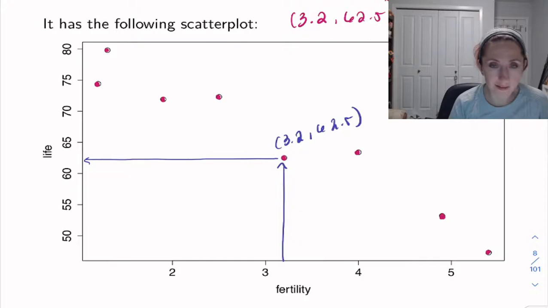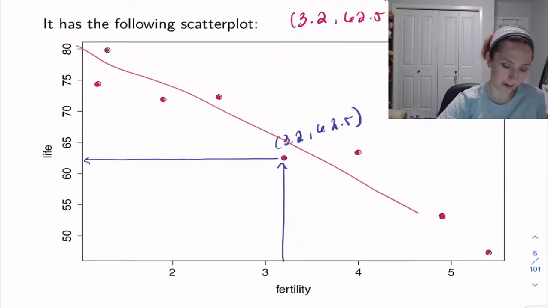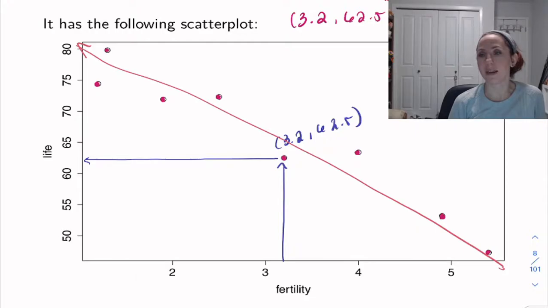And if we look at this, our points are kind of going in a line. If I was just eyeballing things here, I could probably put something like, pretend I was drawing a straight line, something like this through my data points. That would be a pretty good summary of the relationship that they're having.